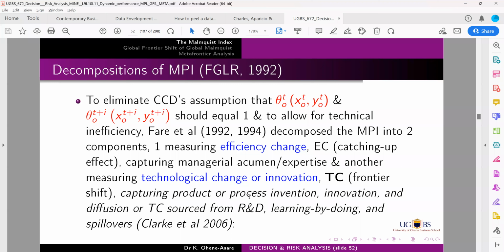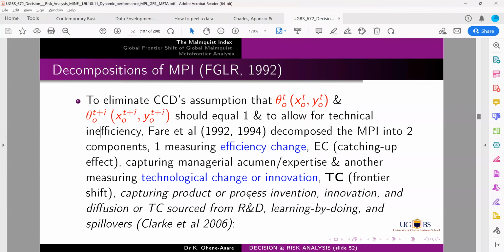It is under management control, management expertise, management knowledge, and mastery, management wisdom that is applied to the input and output, which led to the firm moving closer to the frontier, or moving far away from the frontier. That is a managerial efficiency change.